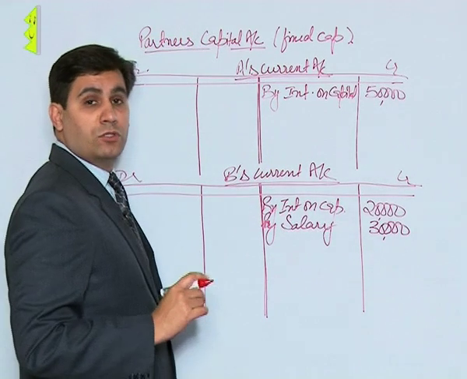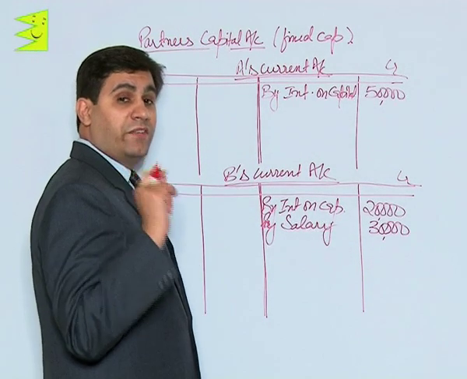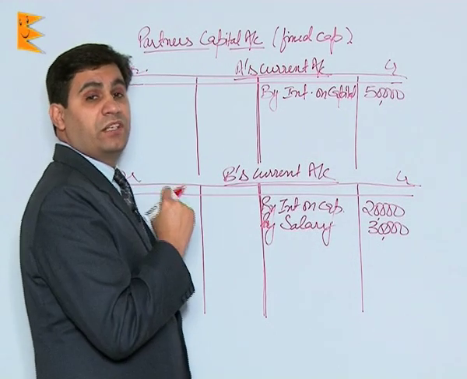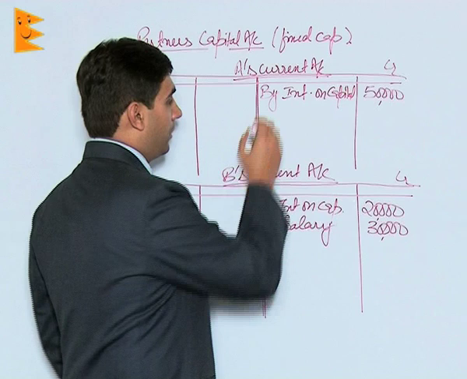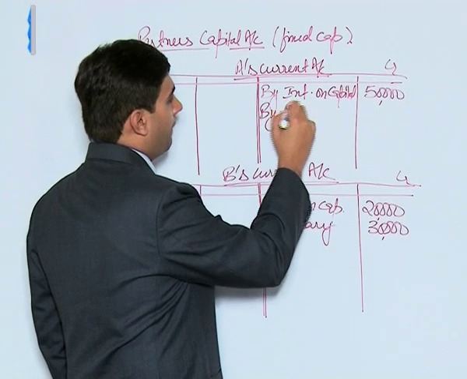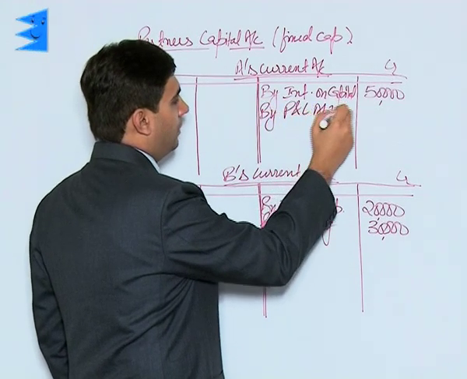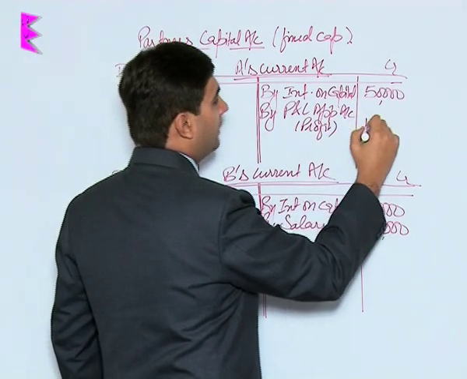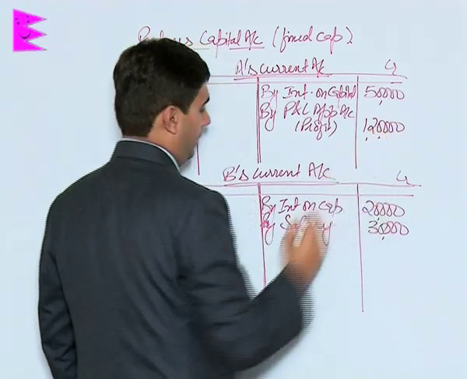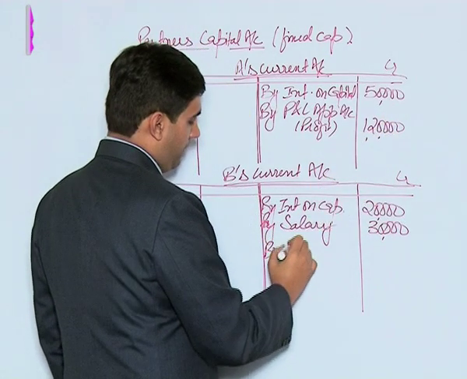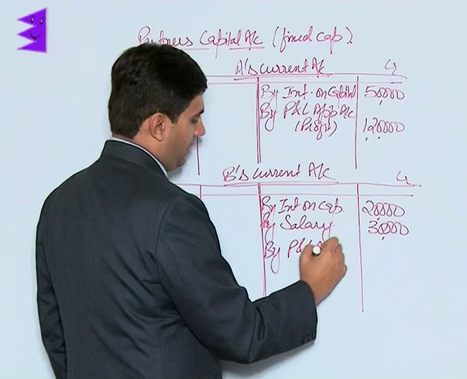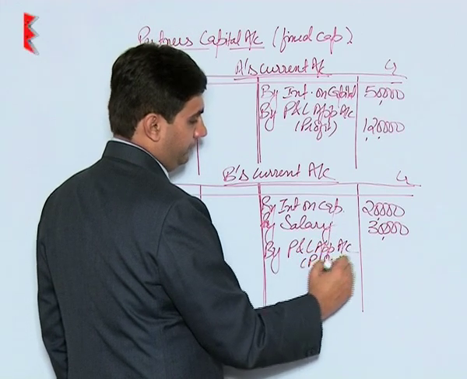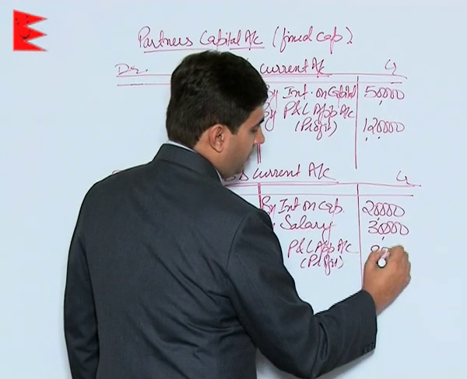Apart from this, there was no other entry, but the divisible profits of 1,20,000 and 80,000 were then to be transferred to partners' current accounts. So by P&L appropriation account, this is profit 1,20,000 for A. By P&L appropriation account, profit 80,000 for B.